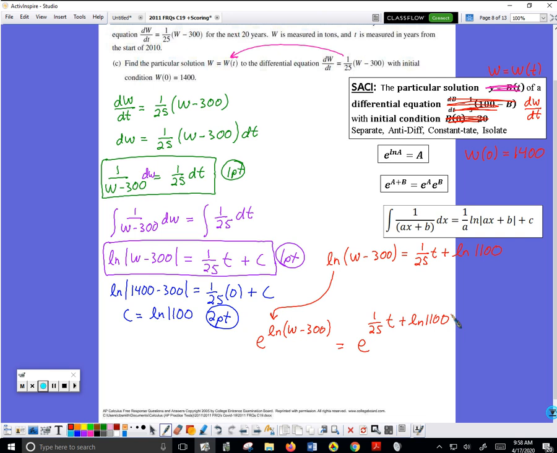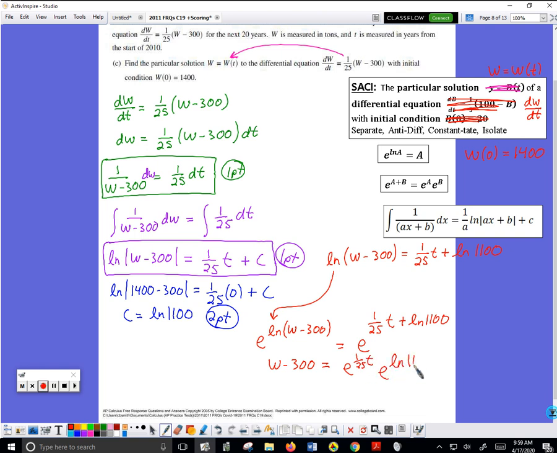This rule here says e to the natural log of whatever is just the whatever. So e to the natural log here is just going to be W minus 300 has to equal. Here we're going to use this. We have e to the a plus b, so that's going to be e to the a times e to the b.